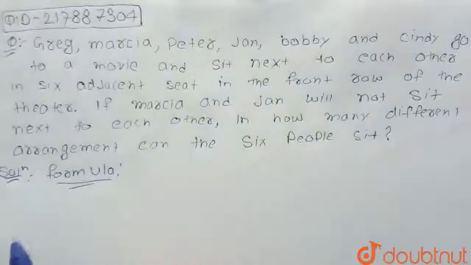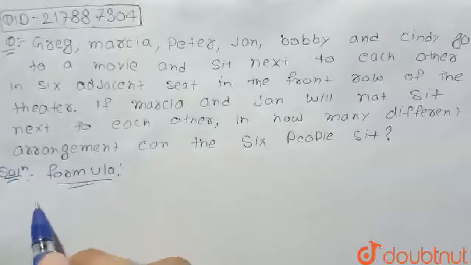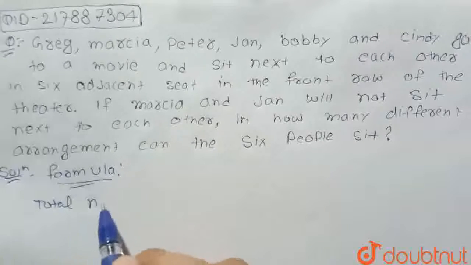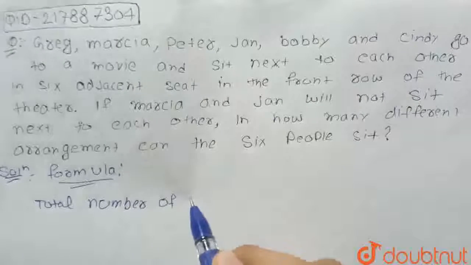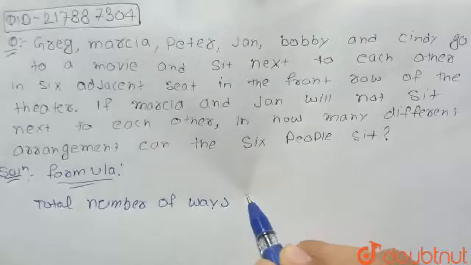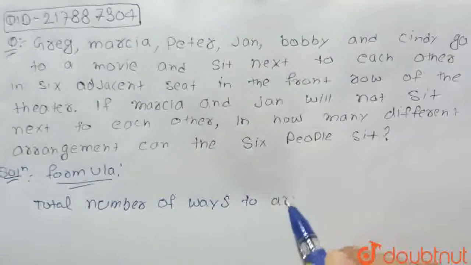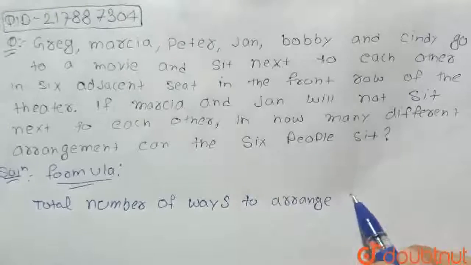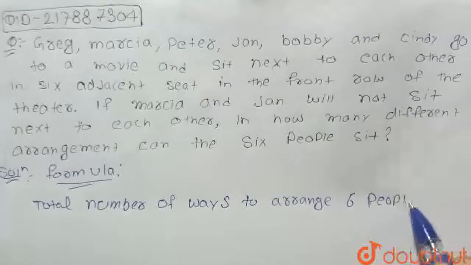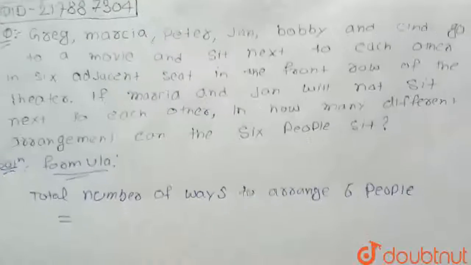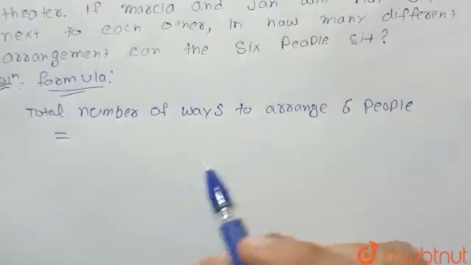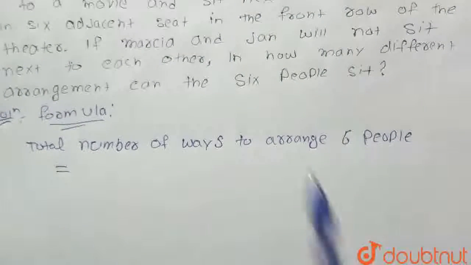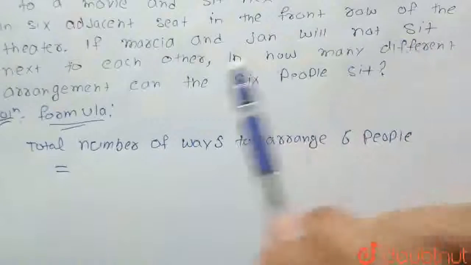That is, total number of ways to arrange the 6 people, that is equal to number of arrangements when Marcia sits next to Jan, as we are given that Marcia and Jan will not sit next to each other.